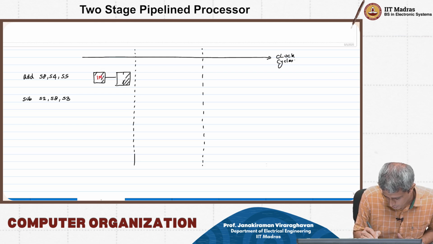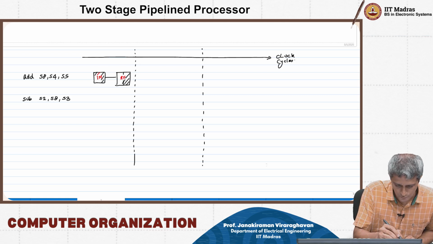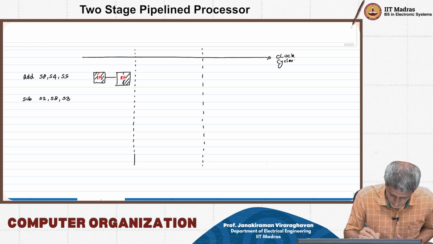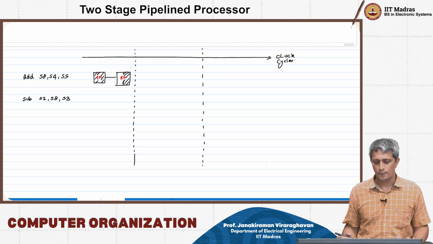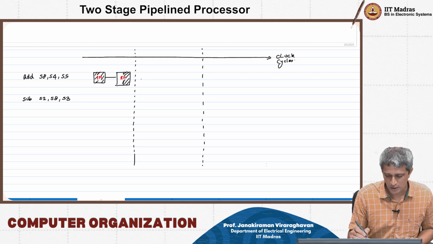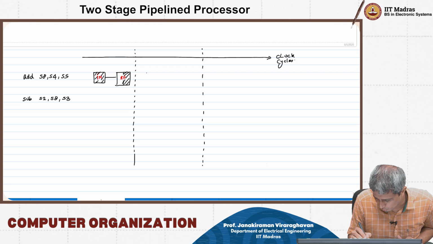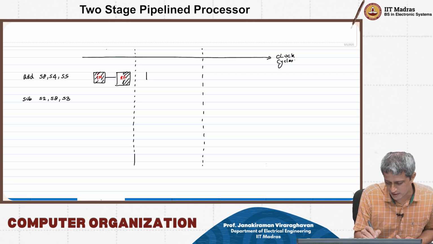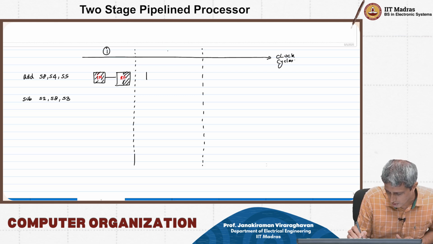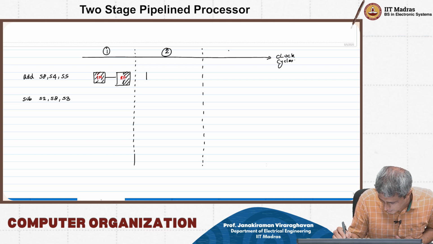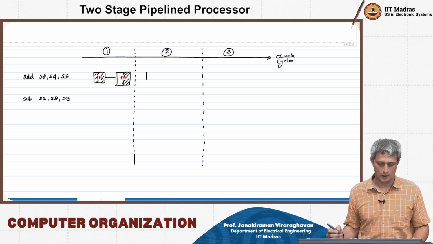So instruction memory and register file, and the shading is going to indicate the usage, okay. And then what is going to happen, this is going to go into my execution unit, and this spills into clock cycle 2. This is my clock cycle 3, okay.